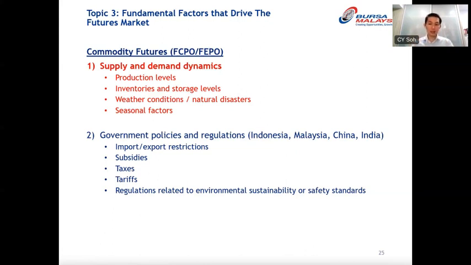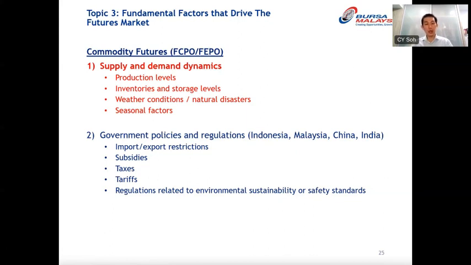Higher supplies, or when you have ample storage capacity, can actually lead to downward pressure on price, because it indicates sufficient supply. There is a lot of supply that has not been sold out yet. So when there is high supply in the market, it will have a downward pressure on prices.